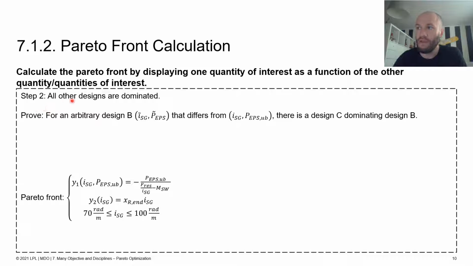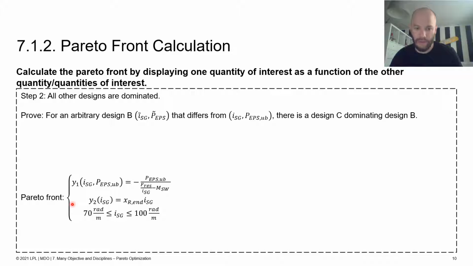So step 2 is all our designs are dominated. So we want to prove that for an arbitrary design B with a given gear ratio tilde and P tilde for the power that is different from our definition of the Pareto front, there is also a design C that is dominating design B. So all the other designs that are not part of the Pareto front are dominated, and therefore indeed our definition is correct.